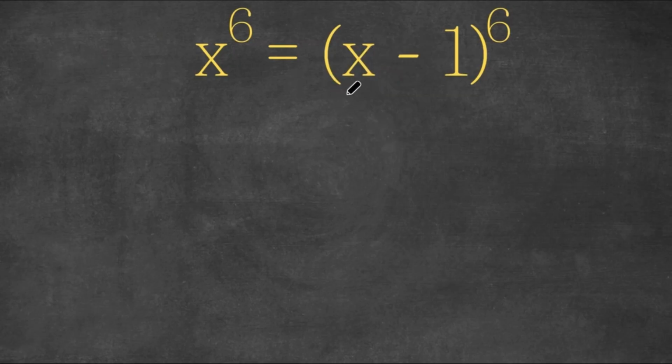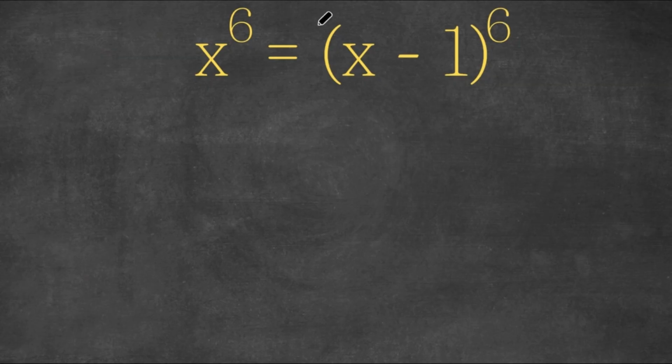So right here we have our equation, x to the power of 6 equals x minus 1 to the power of 6. And if you notice, you can see that both sides of the equation are to the power of 6. So to simplify this equation, why don't we find the sixth root of both sides?